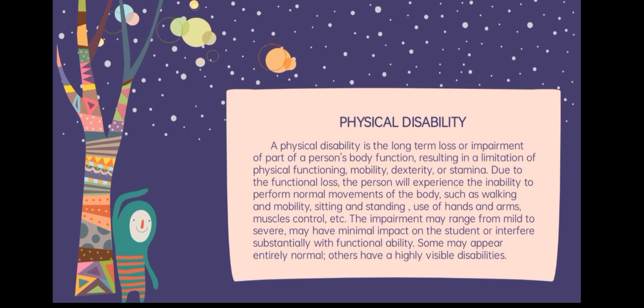Due to the functional loss, the person will experience the inability to perform normal movements of the body such as walking and mobility, sitting and standing, use of hands and arms, muscle control, and so on. The impairment may range from mild to severe, and may have minimal impact on the student or interfere substantially with functional ability. Some may appear entirely normal, others have highly visible disabilities.